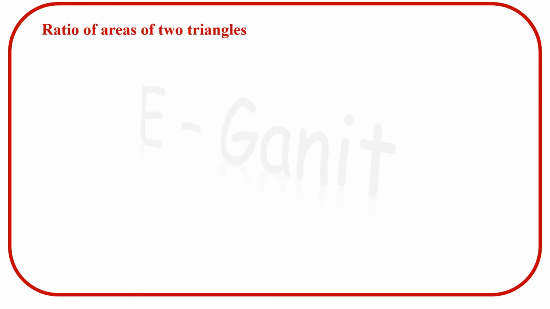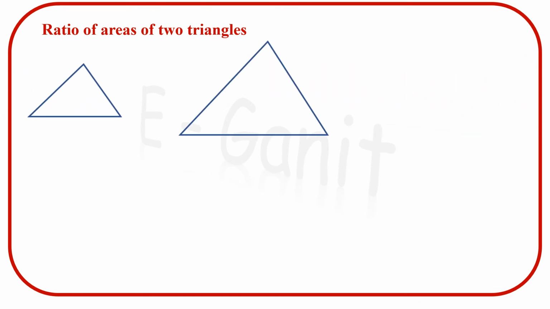Ratio of areas of two triangles. Here we draw two triangles. Name them triangle ABC and triangle PQR. If we take BC as the base, then we draw the height from vertex A. Here AD is the height.